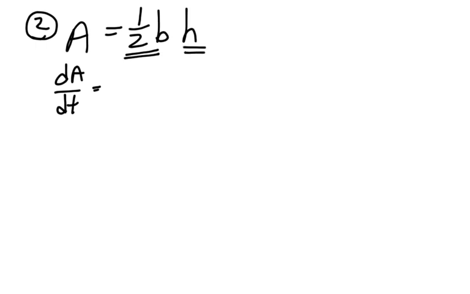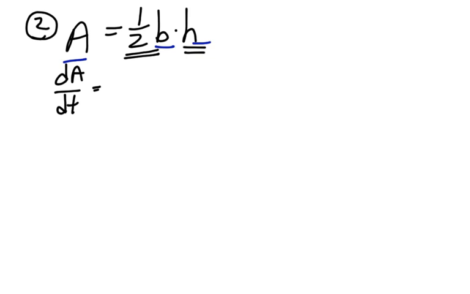This is a product rule problem. I need to use the product rule to do this. And I should anticipate, since I have 3 variables in the original problem, I'm going to have 3 rates. These are my rates, the dA/dt's or the db/dt's or the dh/dt's. I'm going to have 3 rates in my answer.